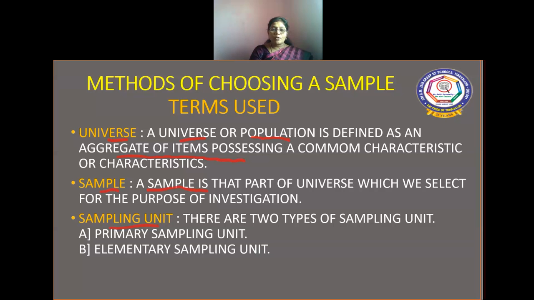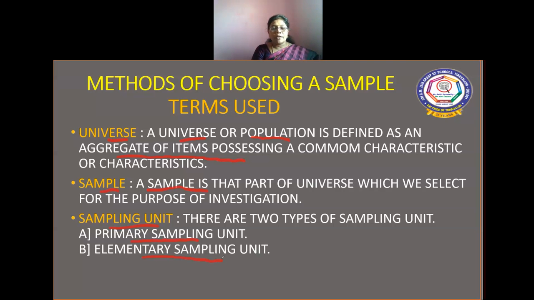So sampling unit is nothing but the number of items which we are going to utilize for sampling purposes. This sampling unit is further divided into primary sampling unit and elementary sampling unit.